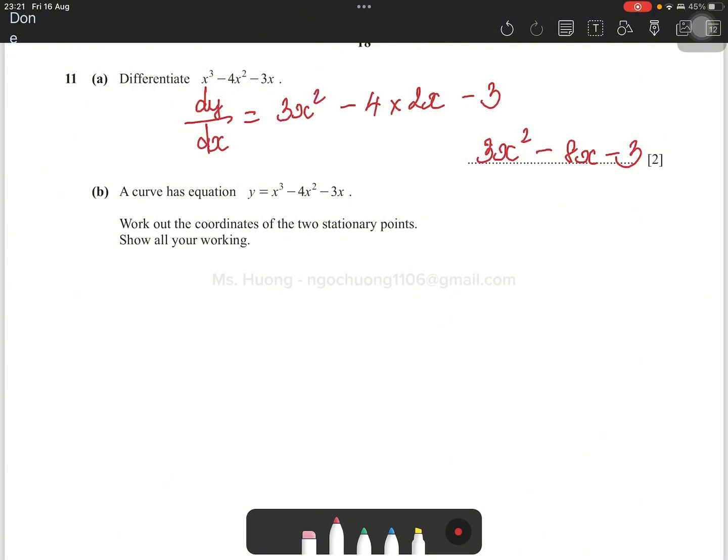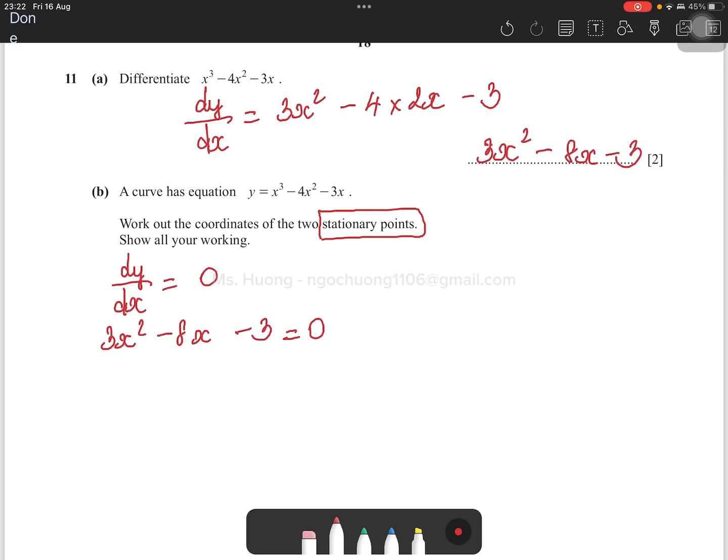B. A curve has equation y equals x cubed minus 4x squared minus 3x. Work out the coordinates of the two stationary points. To find the stationary points, we will let this be 0, which means 3x squared minus 8x minus 3 equals 0. You can solve this equation using the quadratic formula, or you can factorize it.